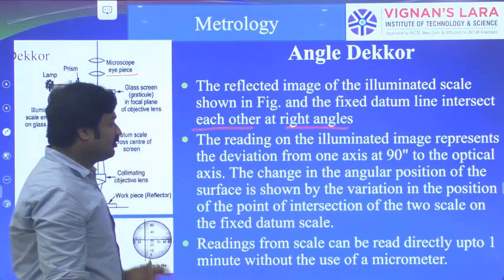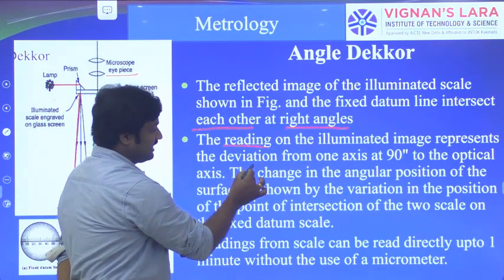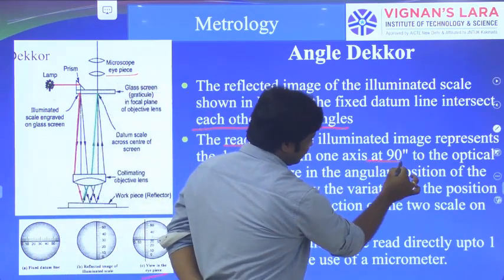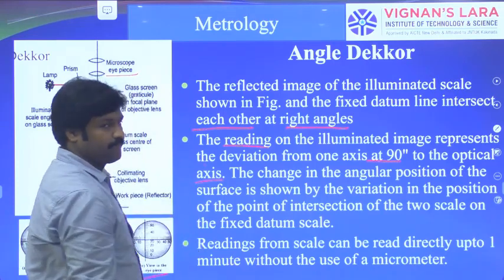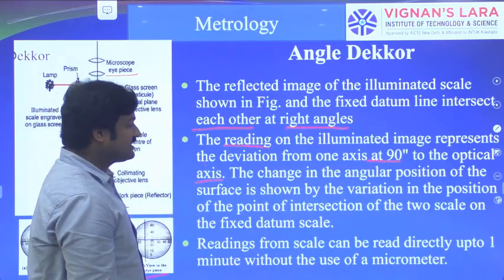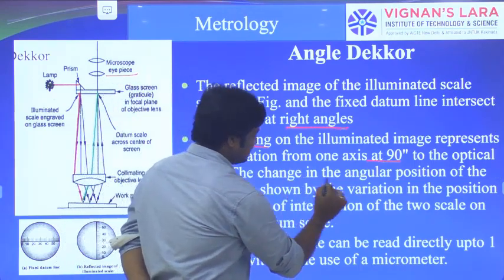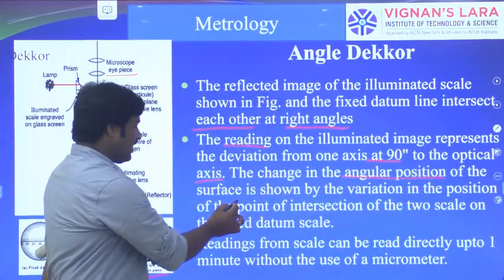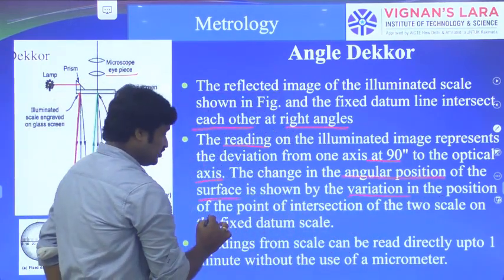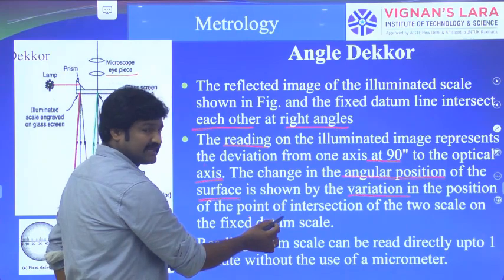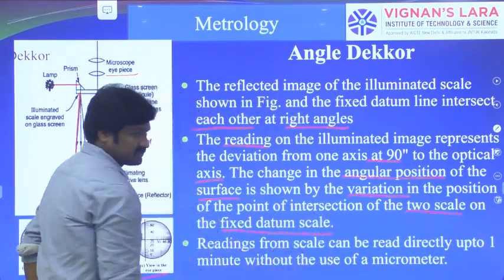The reading on the illuminated image represents the deviation from the axis at 90 degrees to the optical axis. So the change in the angular position of the surface is shown by the variation in the position of the point of intersection of the two scales on the fixed datum scale.